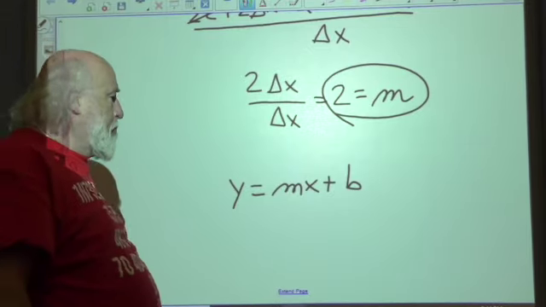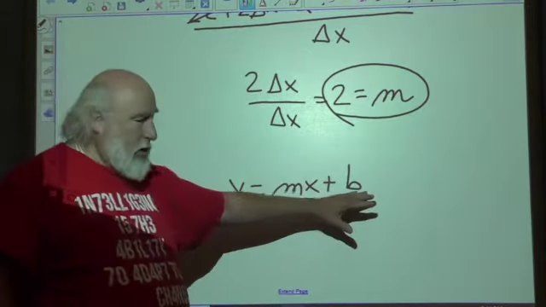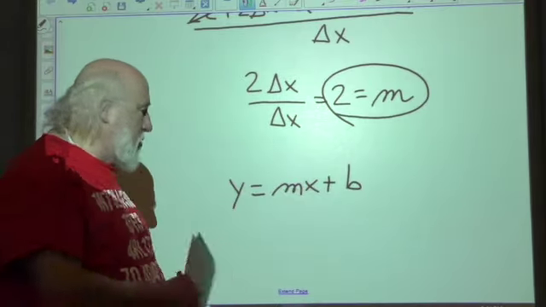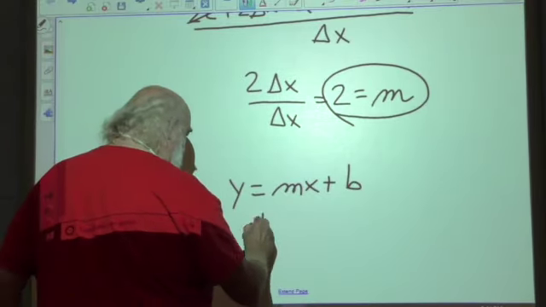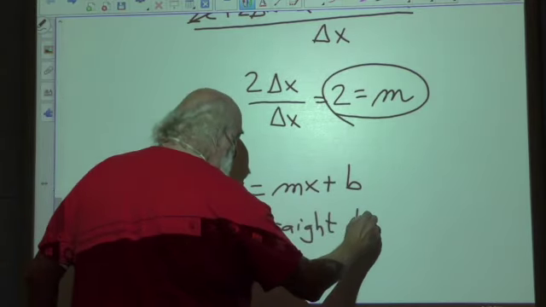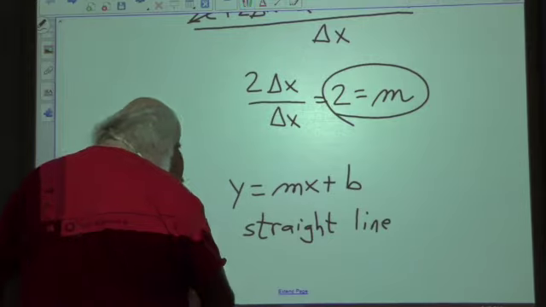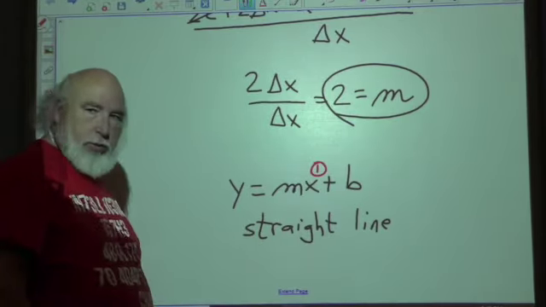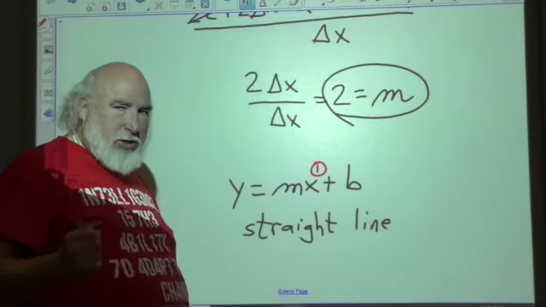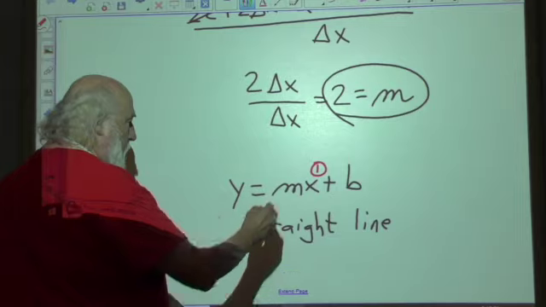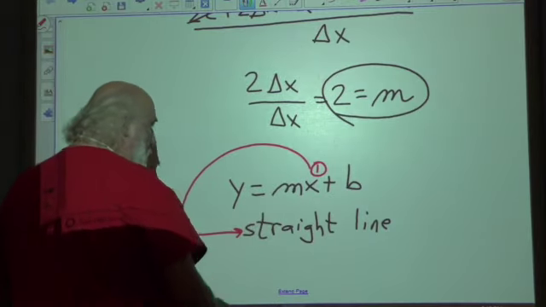Okay? When you take a look at this, you understand that this is the equation for a straight line. When the exponent of your x is 1, it's called a first degree equation. When your exponent is 1, it's going to be a straight line.